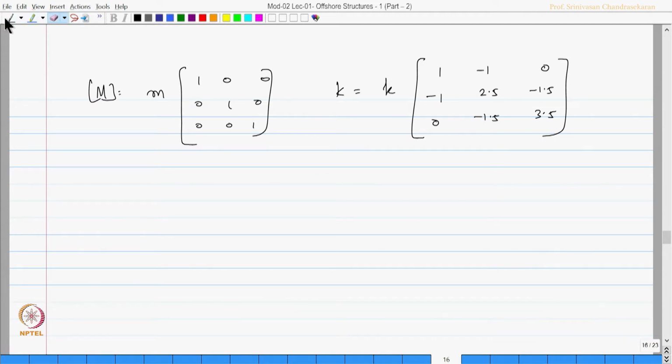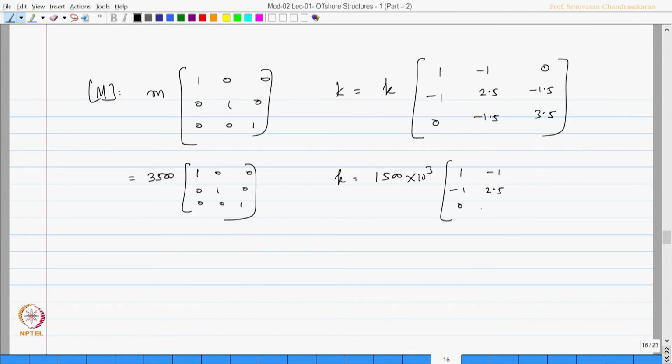That is my k matrix now. So, the M matrix can also be said as 3500 times 1 0 0, 0 1 0, 0 0 1 in kg, and the k matrix can now be said as 1500 into 10 power 3 of 1 -1 0, -1 2.5 -1.5, 0 -1.5 3.5.